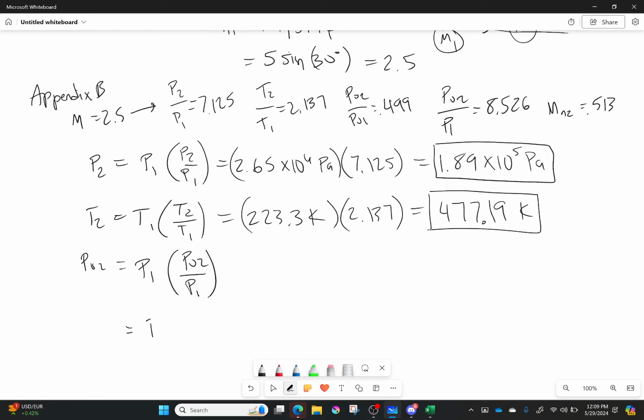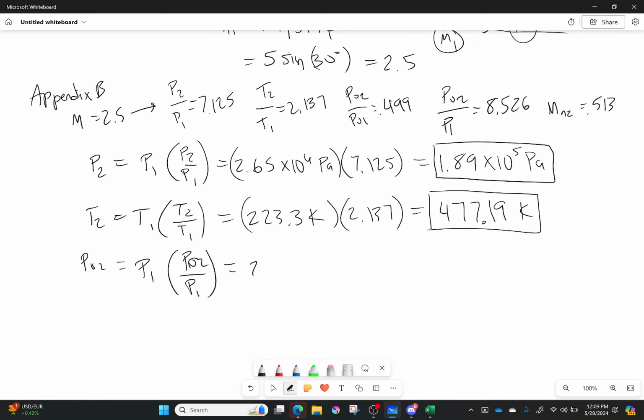You could have done P1 times P01 over P1 from Appendix A, and then P02 over P01 to finally finish it off. I just don't really understand why I would do that, because it's an extra step. I will still have to go to Appendix A for the total temperature because the shock tables don't give me that, but it does give me this nice little relationship. So if you have it, use it. Why make it hard on yourself?